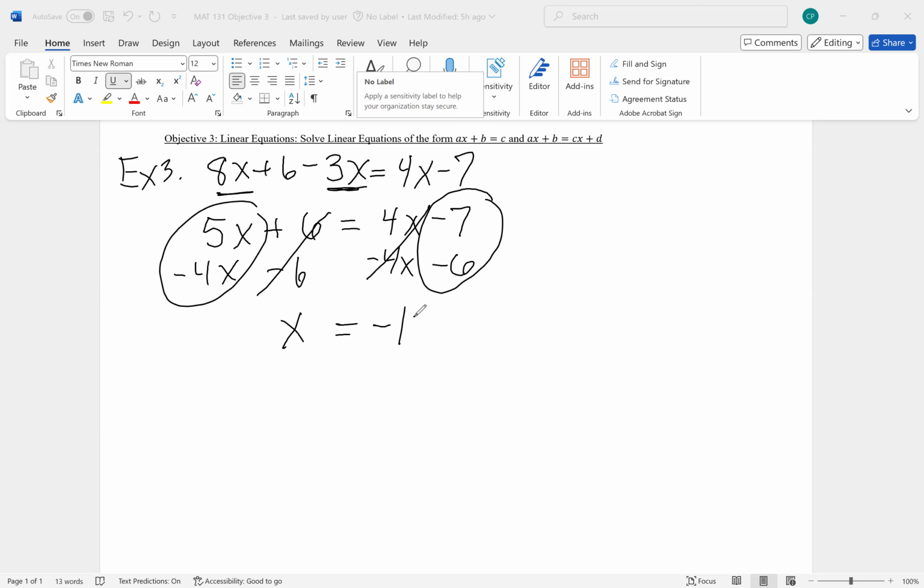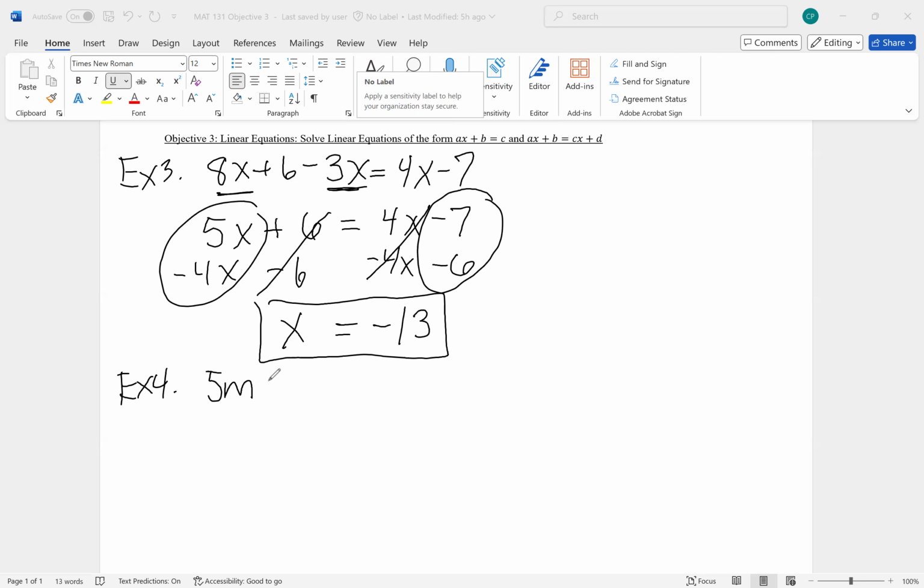Those will combine to be negative 13. Okay? So remember, you can do one thing and simplify and bring everything down, or you can do the two things in one step like what we just did. So for this next example, for example 4, I'm going to break it up and do multiple things, multiple steps.